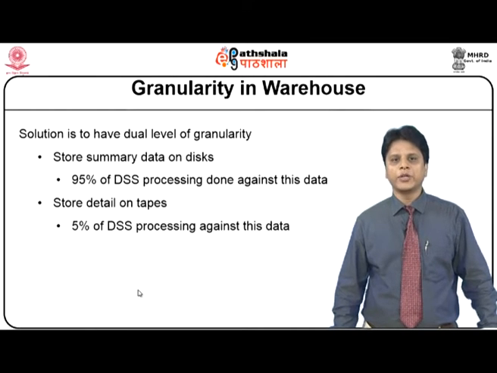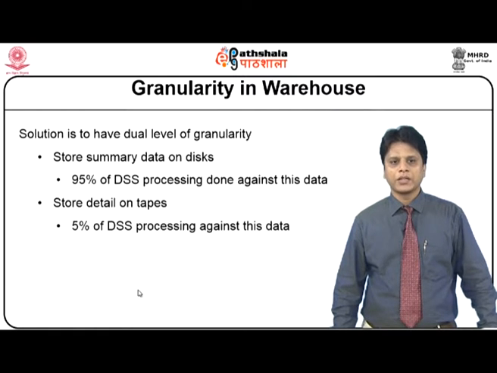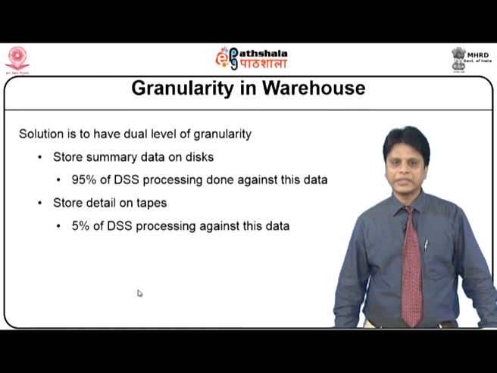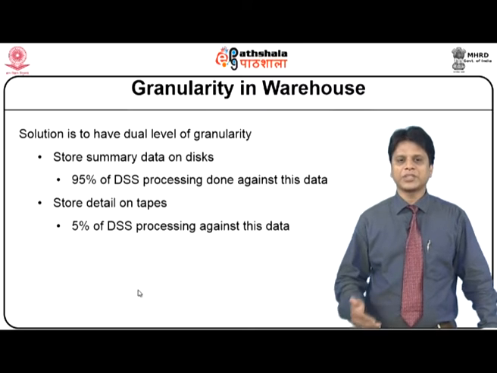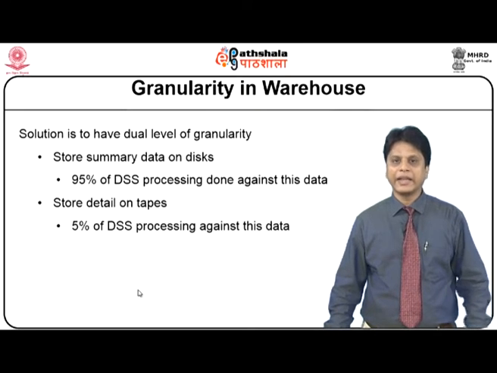The solution is to have a dual level of granularity, wherein summary data is stored on disk, with 95% of decision support system processing done against this data, and when it is stored on tapes, only 5% of decision support system processing is against the data.